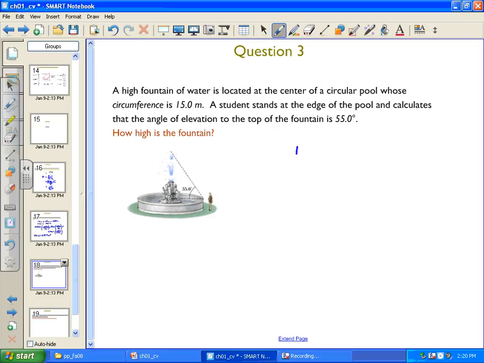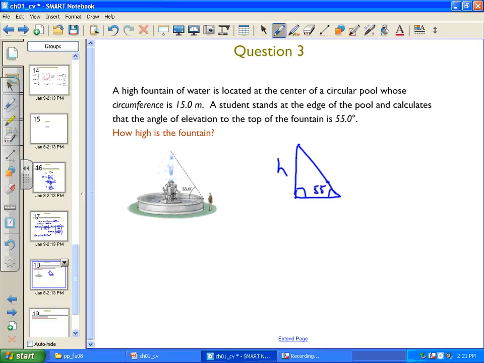Well, this is a trigonometry problem because we can note that the angle of elevation of the fountain, whose height we're going to label as H, describes a right triangle.